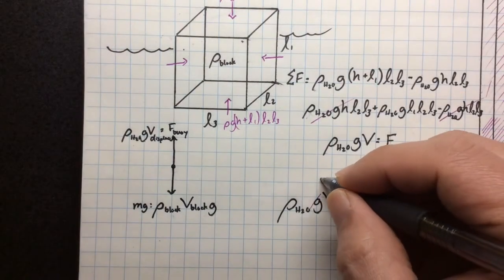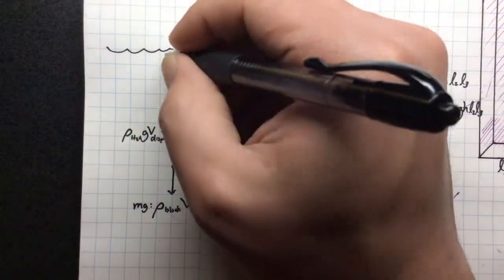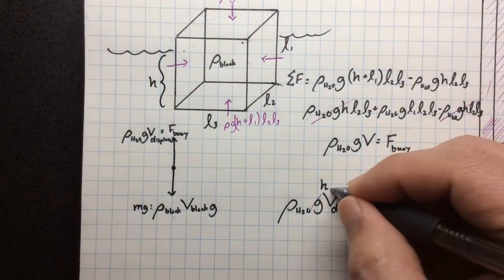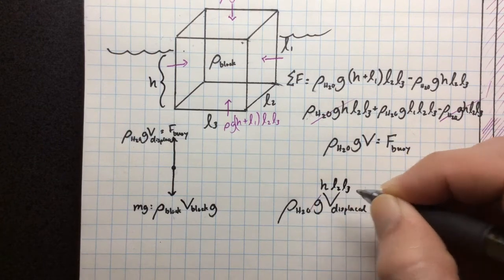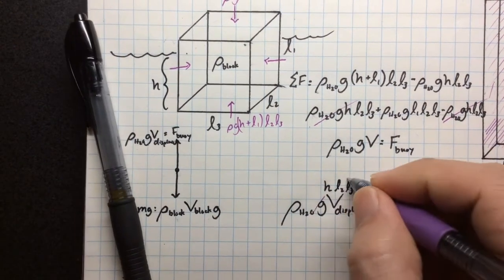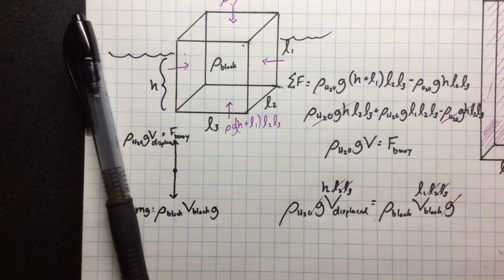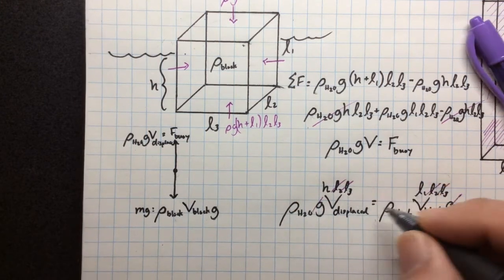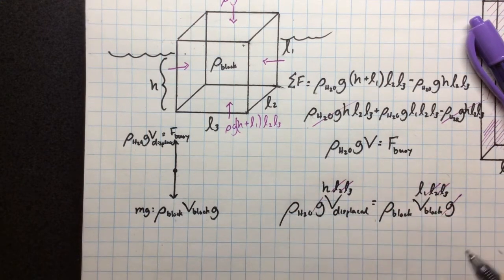So I'm going to call that H, and we're going to multiply by L2 and L3 to get that volume displaced. If you notice then, L2 and L3 cancel out, right? That's interesting that all this stuff starts to cancel out.